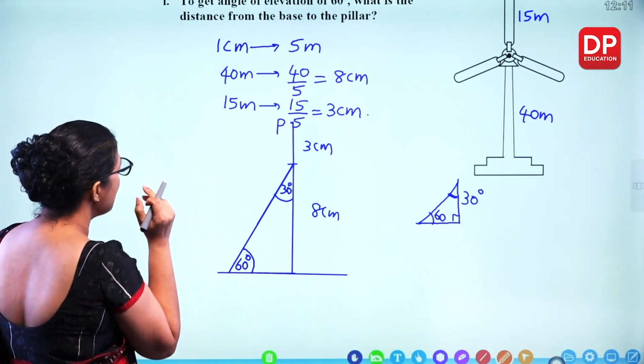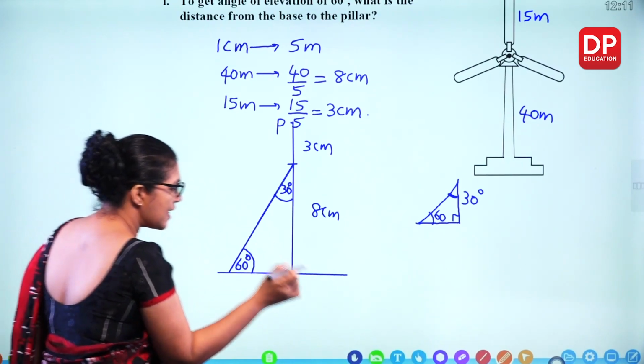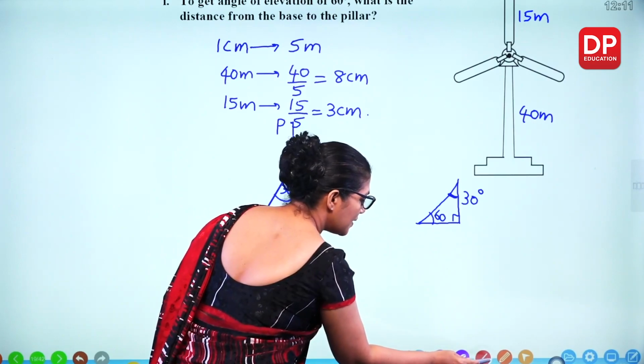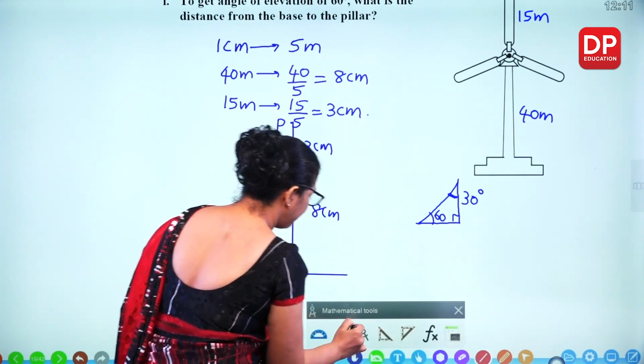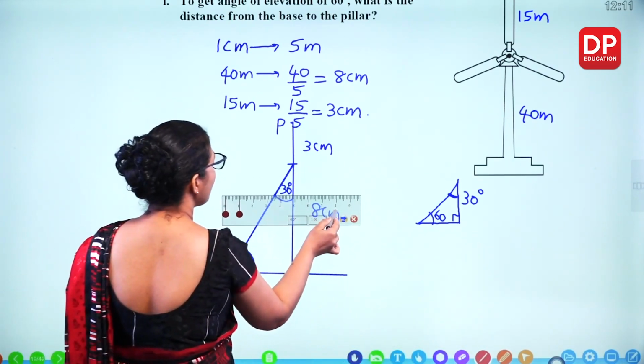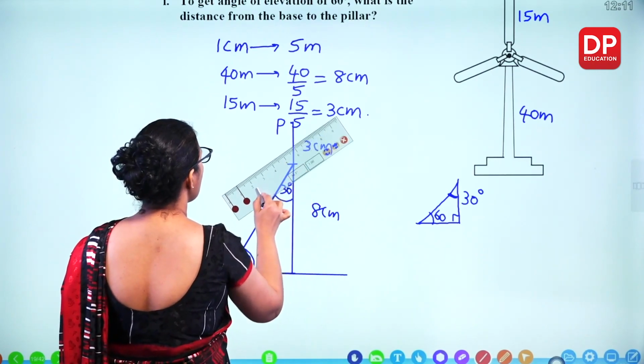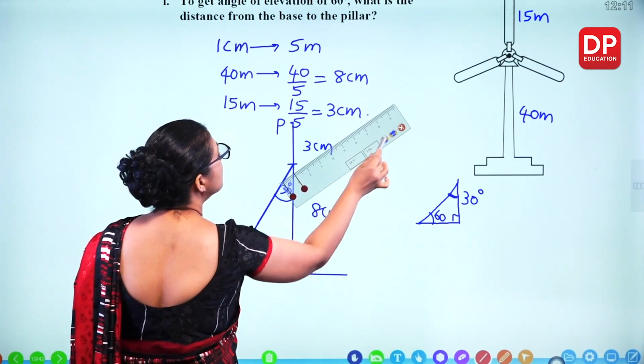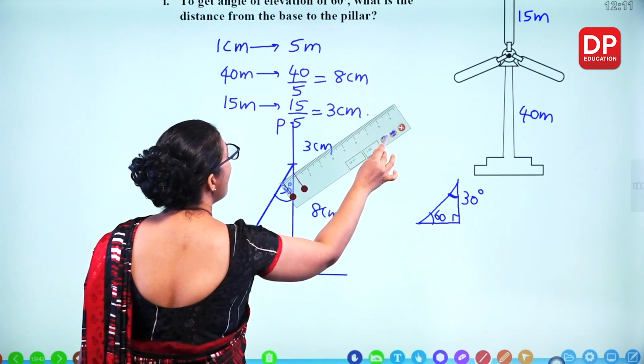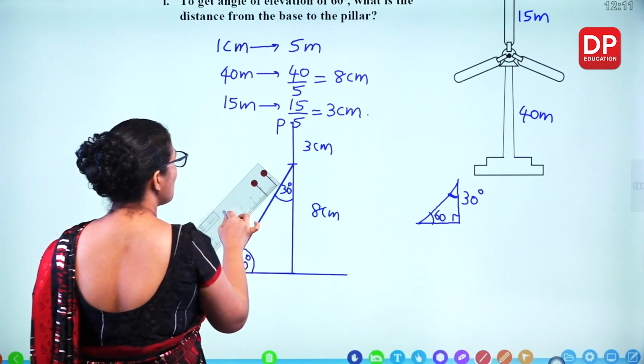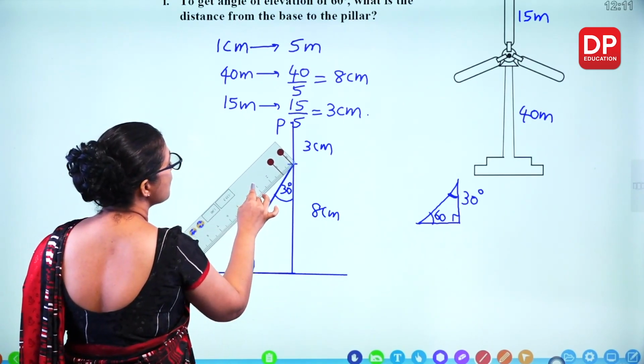And where's the blade? Now only 3 centimeters. So I can take the ruler, I can take this way, 3 centimeters from here.